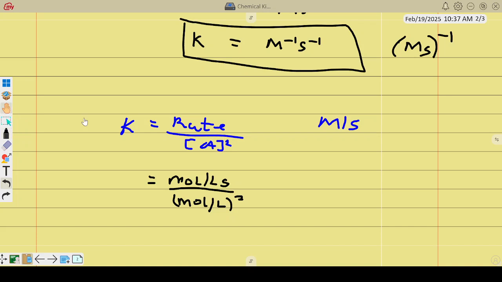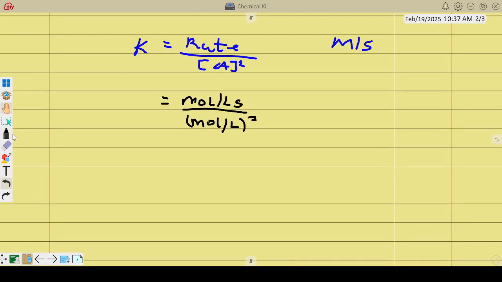Wow, this is a very ugly expression. I don't like it. So we're going to have mole per liter per second, dividing mole squared per liter squared. Simply this.